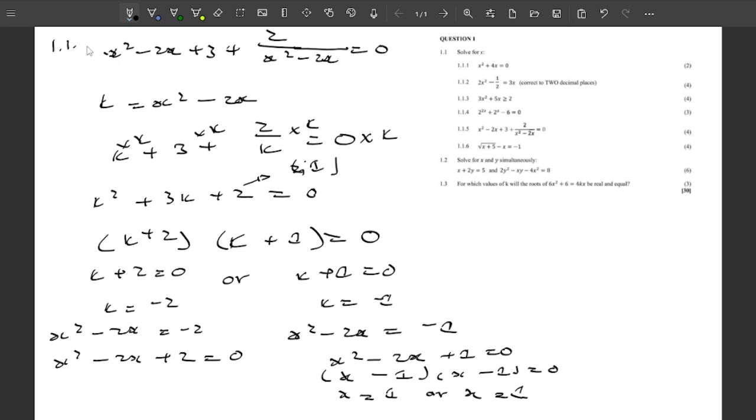Reason being, what are the factors that, when you add or subtract them, give you 2? Remember that 2 only has two factors, which are 2 and 1. So we can use the quadratic equation to solve this part.